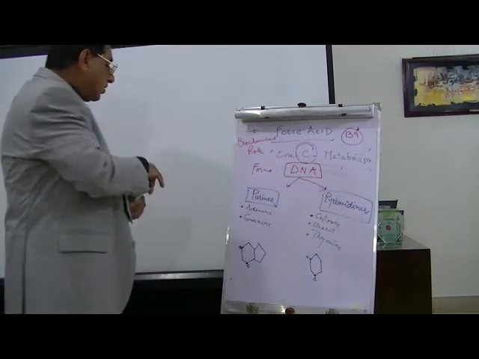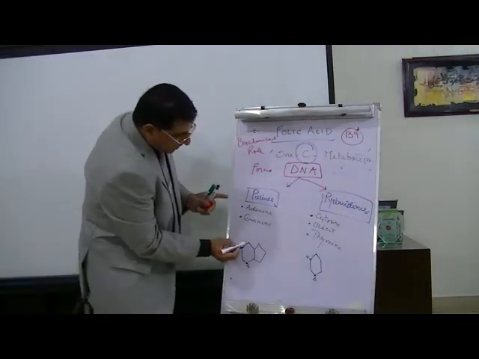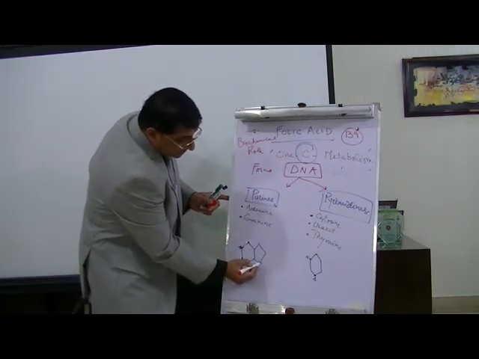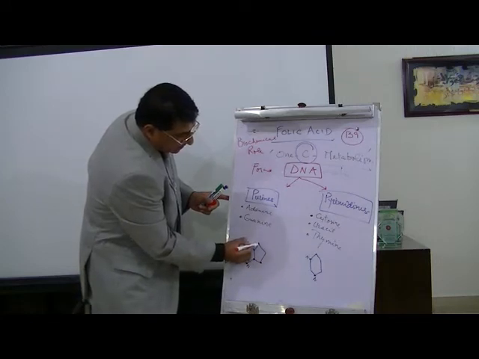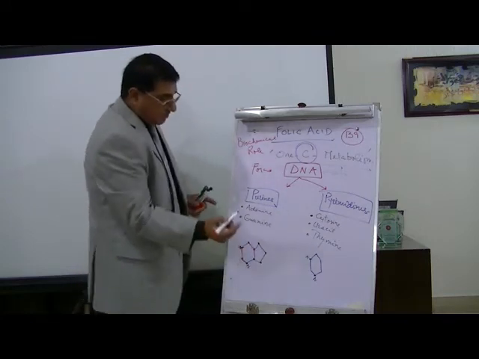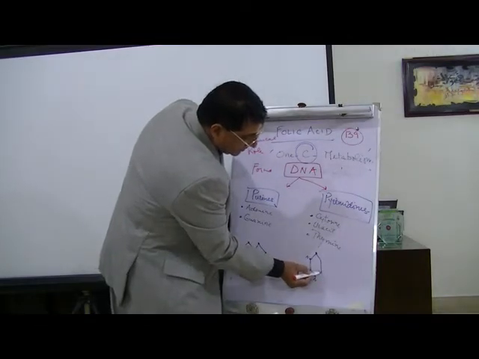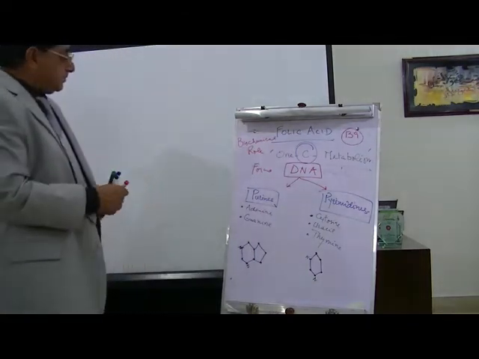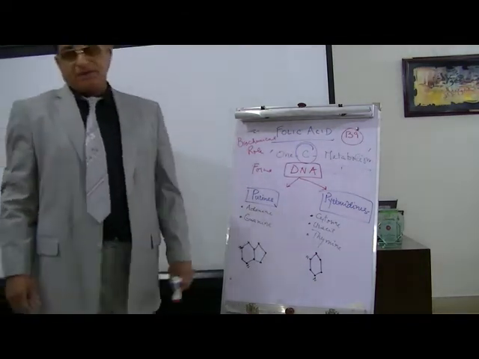Rest is all carbon. So this is the structure of purines and pyrimidines.